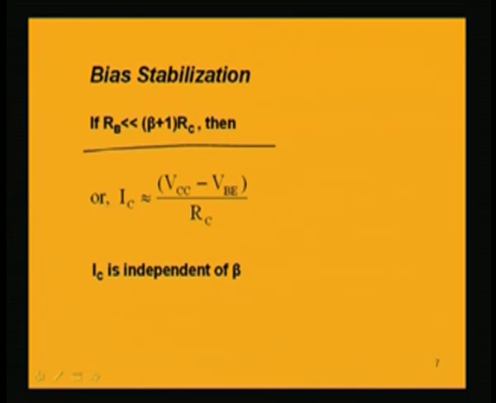So, we are making IC independent of beta by meeting the design specification in this way. This is the key design condition we have to meet while designing this biasing scheme, and then we can achieve IC being insensitive to beta.